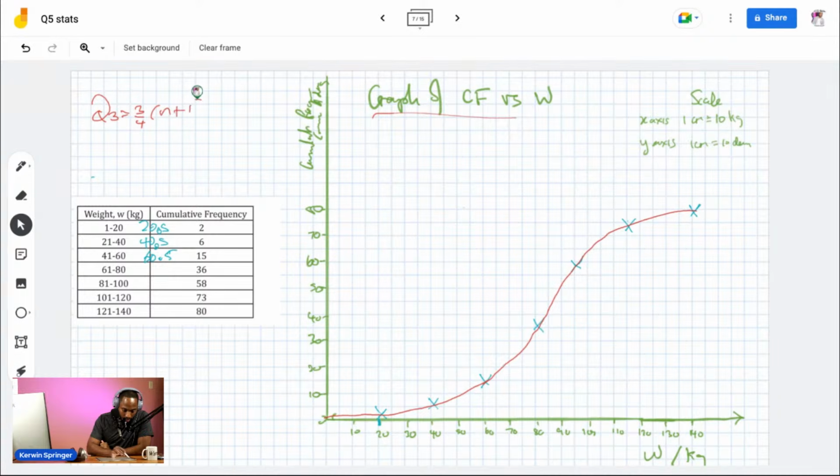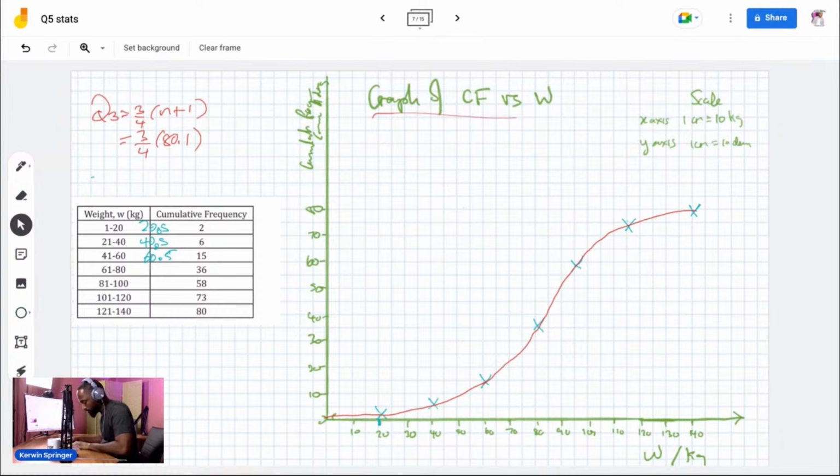That's the upper quartile. 3/4 of 81, 80 plus 1, is 60.75 something. So what you're going to do is take your ruler and come across from a little above 60, because it's like 60.5. Do your little dashes.